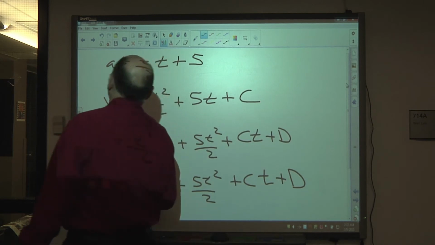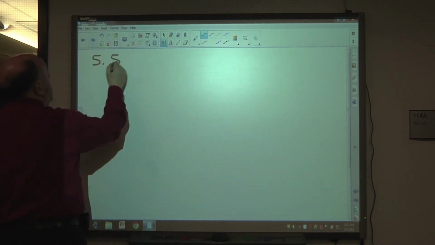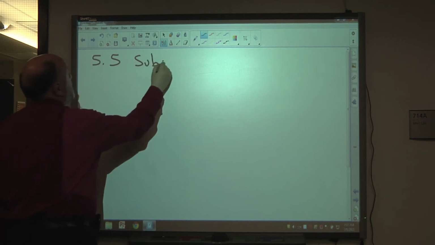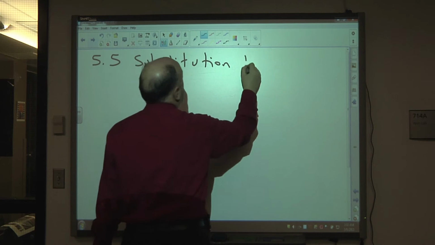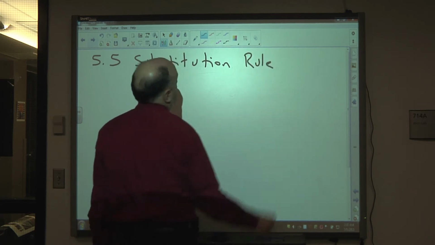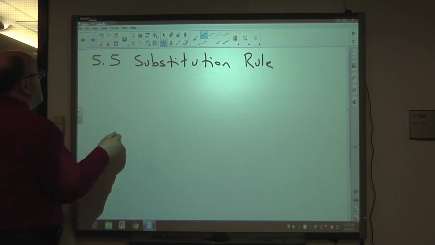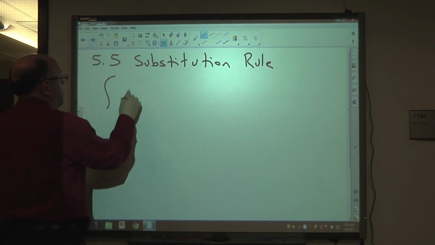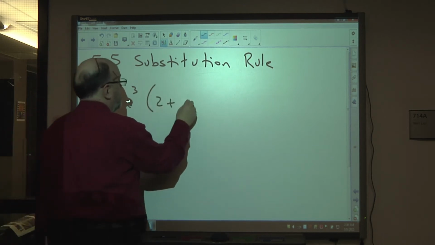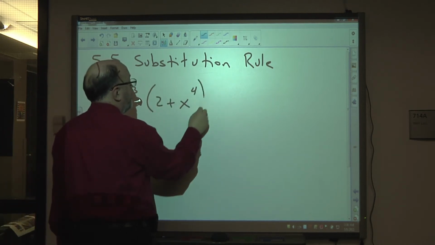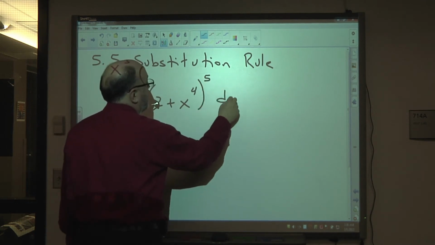The next section, section 5.5, deals with the substitution rule. Now we have something that looks like this: x cubed times 2 plus x to the 4th, all of that raised to the 5th power.